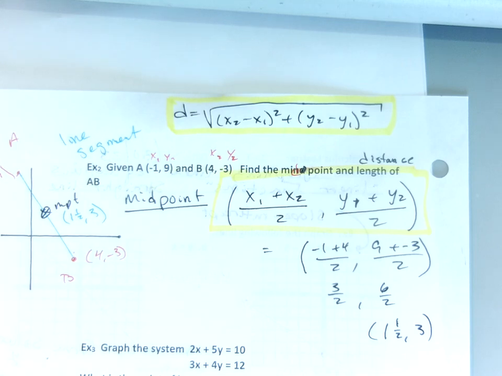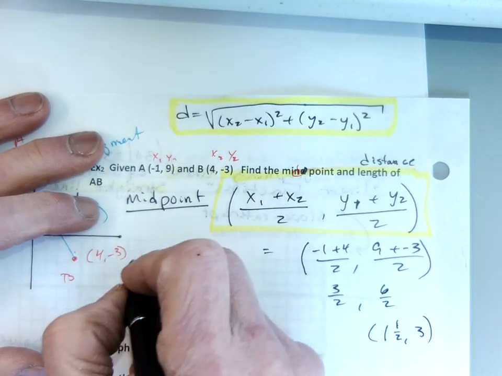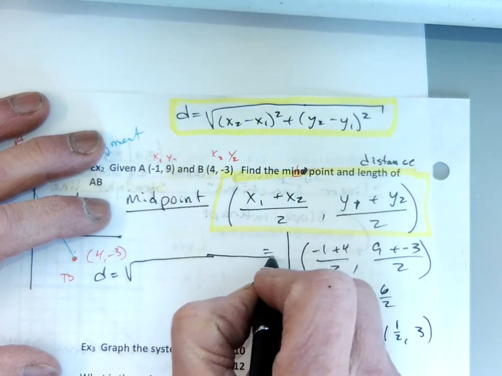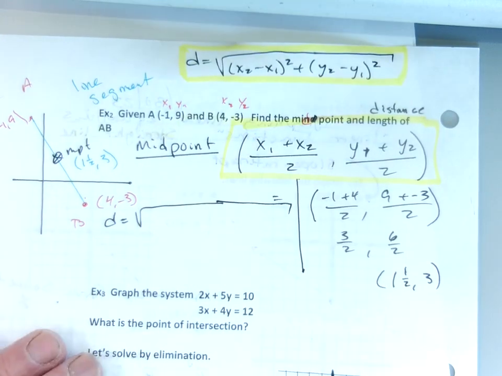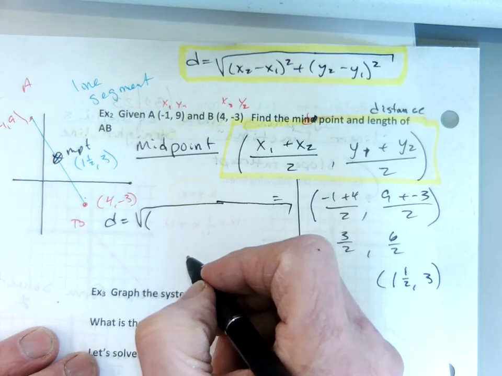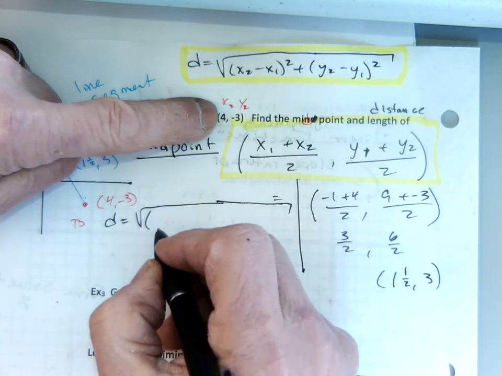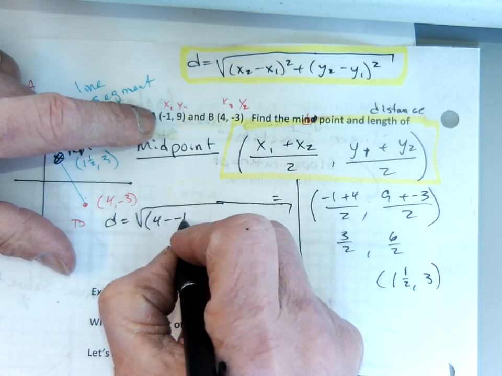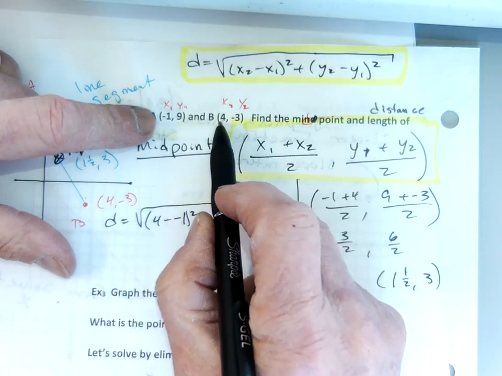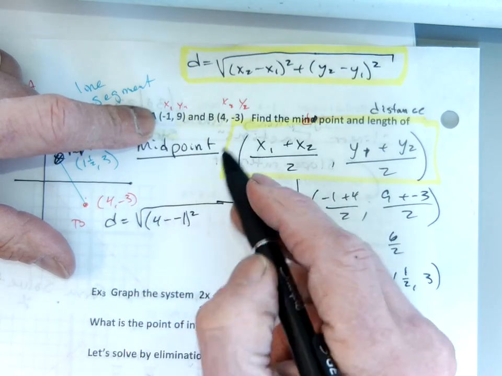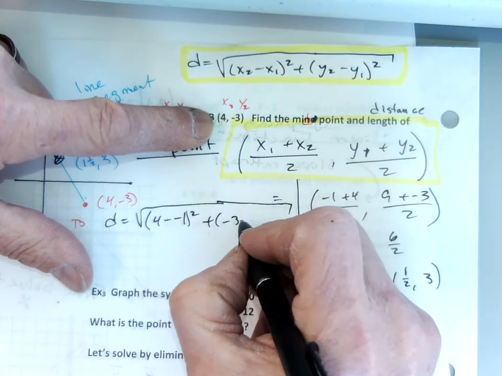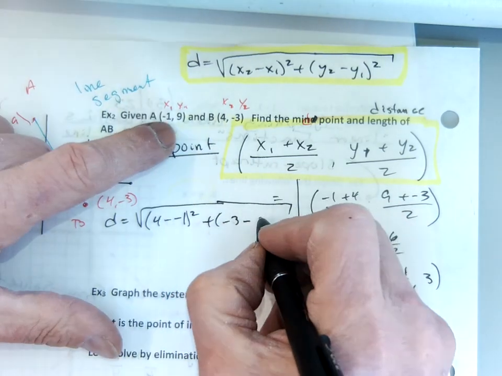Okay, so I'm going to do the distance. Big square root of, x2 is 4, subtract x1, which is -1, so I get a double negative there, plus my y2, which is -3, subtract y1, which is 9, quantity squared.